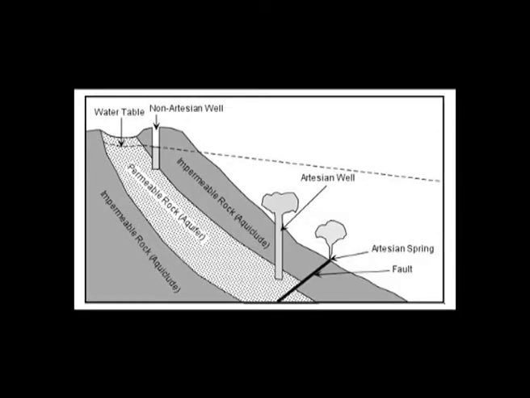In this picture, a permeable rock, that is an aquifer, is sandwiched between two impermeable layers. Here there is a fracture present. Due to that fault, water is automatically rising up from the fault region.